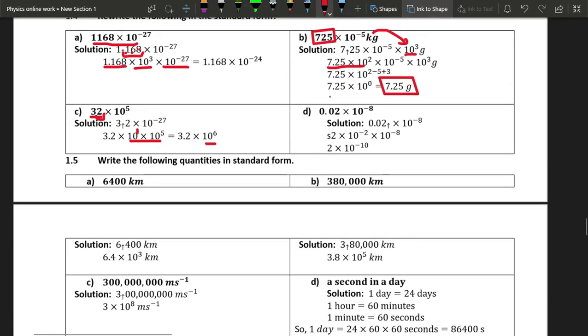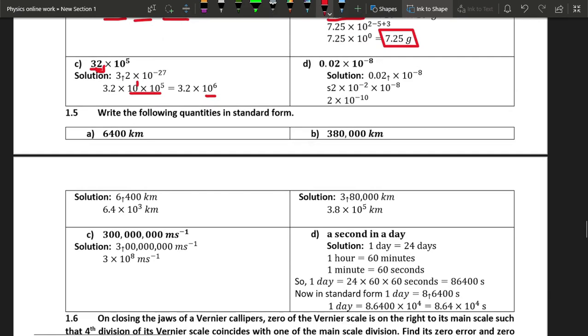Now last part of this question is 0.02 into 10 raised to power minus 8. We move this point after 2, so that this number is between 1 and 10. When we move this point after 2, it will become 2 into 10 raised to power, how many places do we move? 1, 2, and we move this point from left side to the right side, so it will be minus 2.